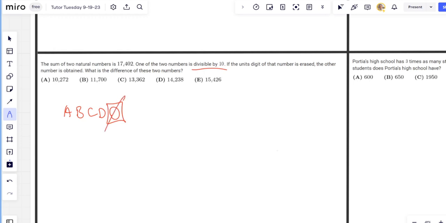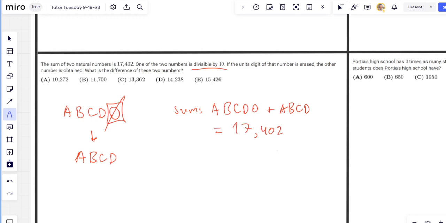If we erase that units digit, we get the other number, ABCD. It was divided by 10. The sum: ABCD0 plus ABCD equals 17,402. We're just representing this number with digits that we don't know.